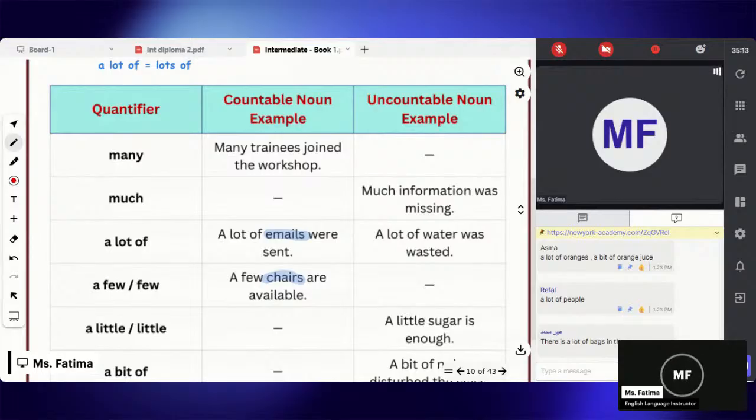The a is important. If we are using a lot of, we say a lot of.